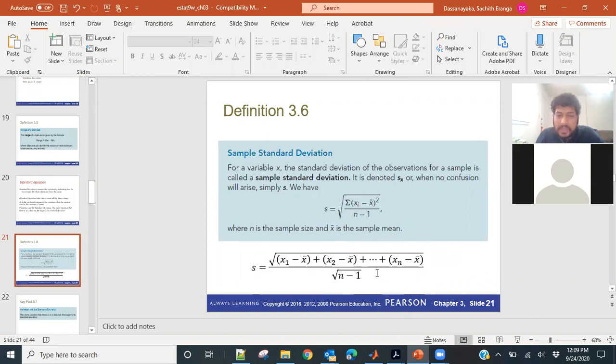Here I entered two separate square roots. It doesn't matter, they are the same.